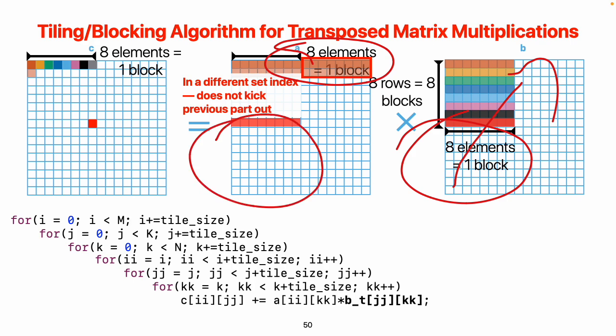So originally the lower part, when the tile size is 32, it will kick out the previous ones. But right now, if they are transposed and arranged to here, it's a different index.